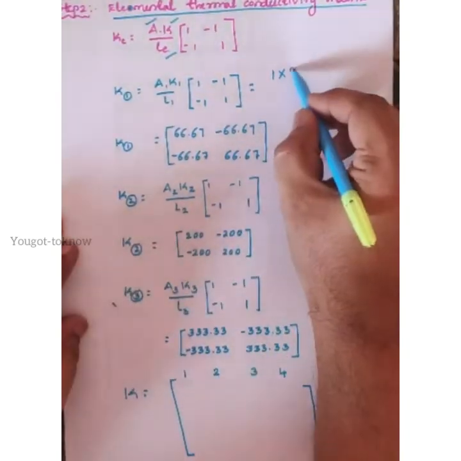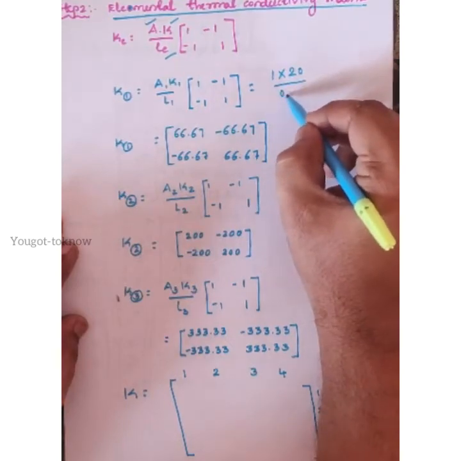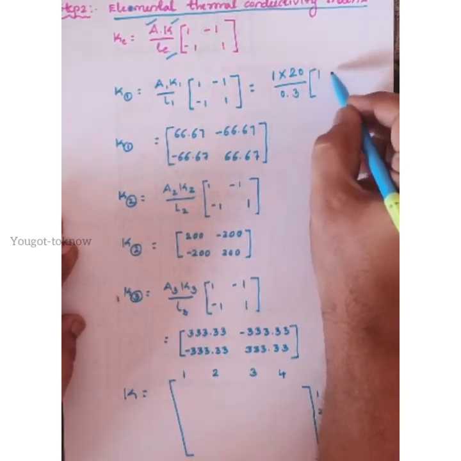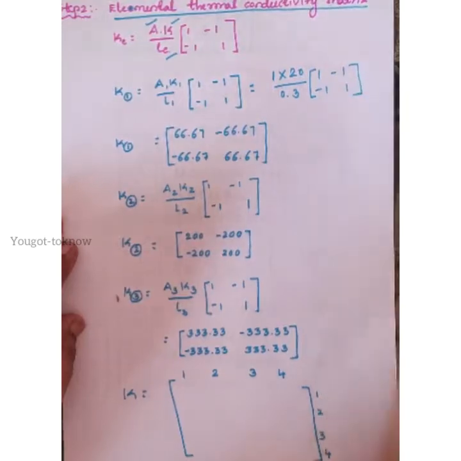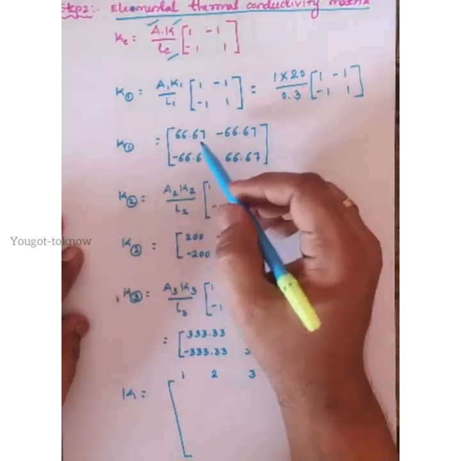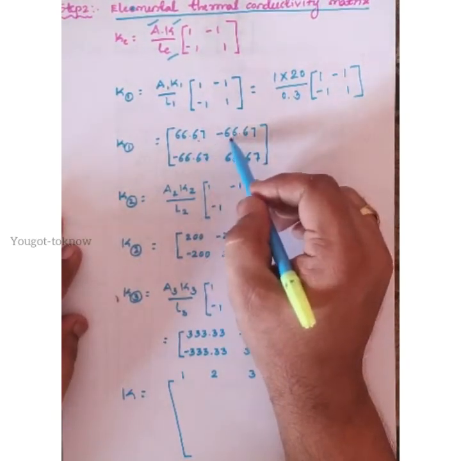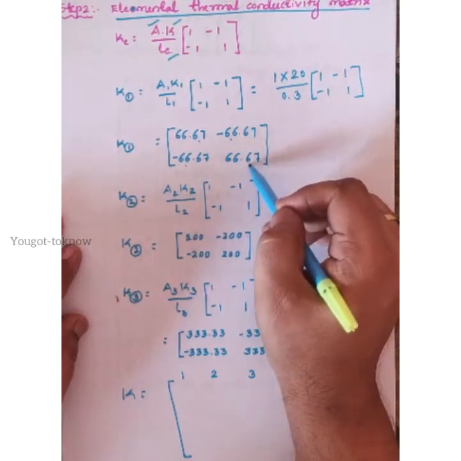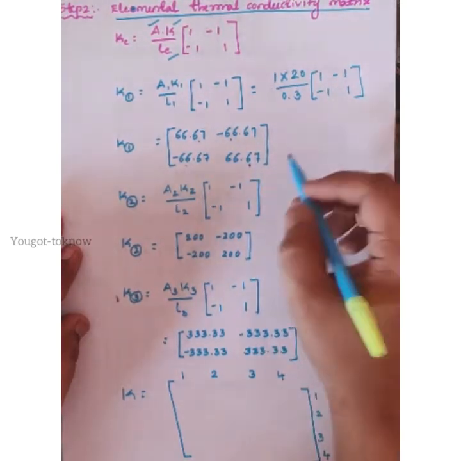First one: 20 divided by L, L is 0.3, times [1 -1; -1 1]. If you calculate this, you are going to get 66.67, -66.67, -66.67, 66.67.